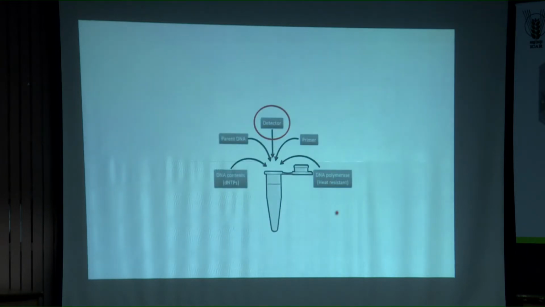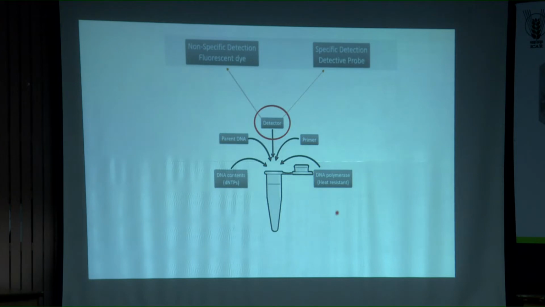So the detector can be a kind of dye. I already told you ethidium bromide they started with. I replaced it with another dye, right? And a specific detection, that is what is called a detection probe. The detector can be either a fluorescent dye, or it can be detection probes.